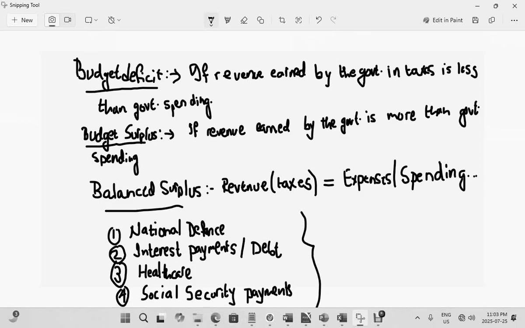Now these are the four major categories. Apart from these, you do have other categories as well that are allocated as far as government spending is concerned. These include, but are not limited to, transportation, so highways and roads. It covers natural resources and environment, so parks and trails, for example.